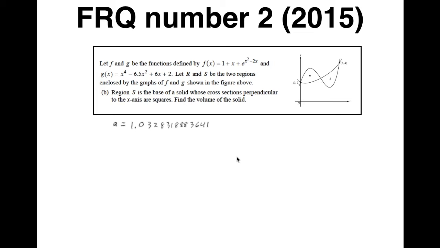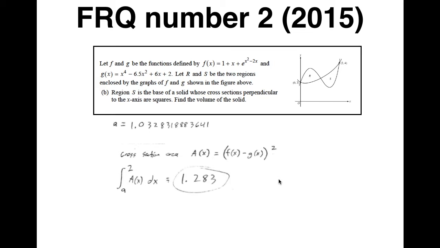This is the value of A that the first student defined in question A, so we can still use it. The cross-section area is f of x minus g of x, squared. And then the student just integrated correctly from a to 2 of that function, and they got the right answer.